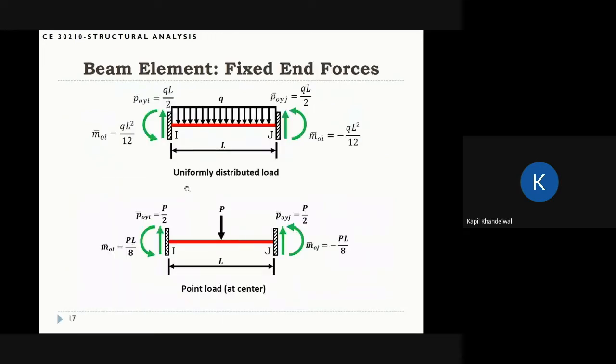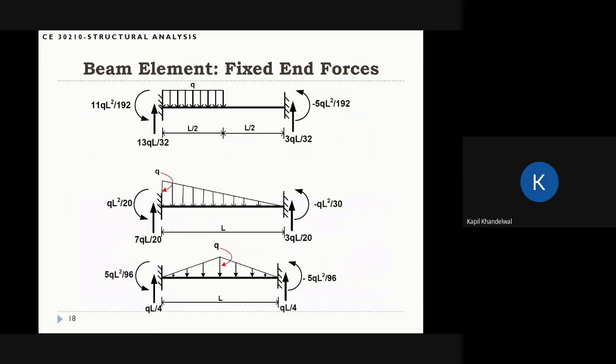For example, uniformly distributed load and point load at the center. You can see that these are the fixed end forces due to these kinds of force distributions. The important thing here is I'm not writing any axial forces. The reason is the axial forces are 0. There is an axial force here, but that is 0. There is an axial force here, but that is 0. So I'm not showing any axial forces in these configurations because they're all 0 here.